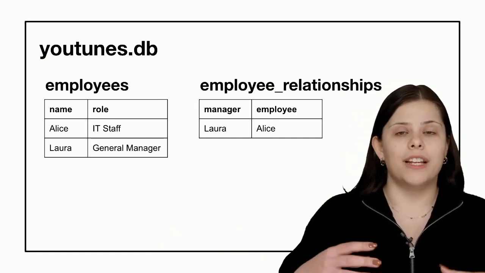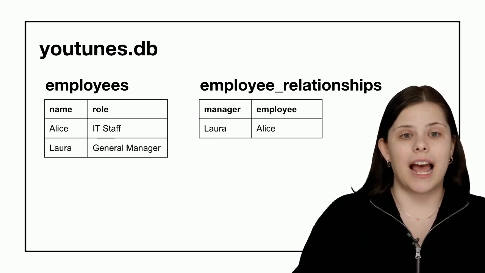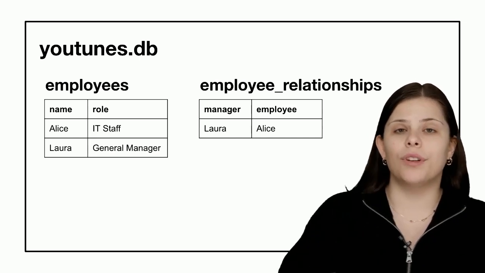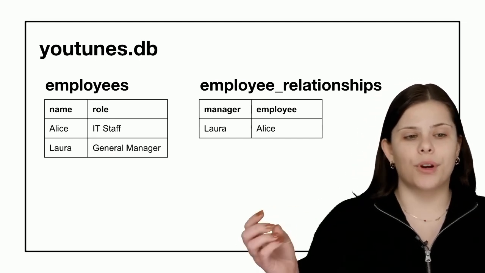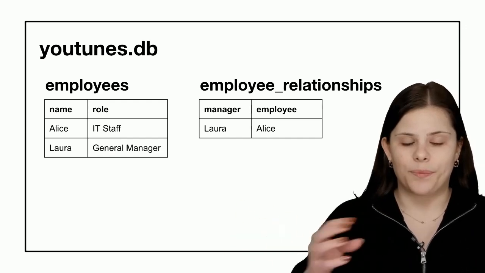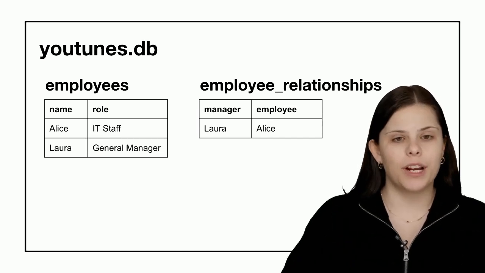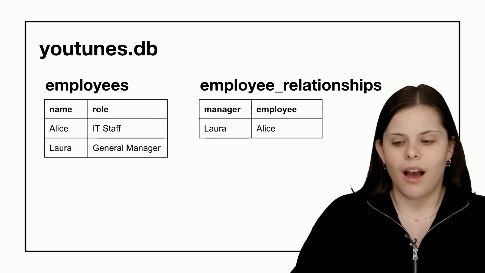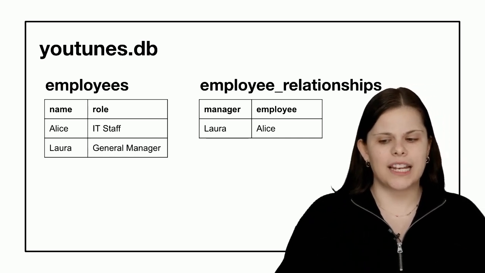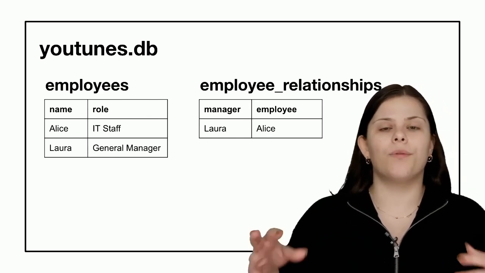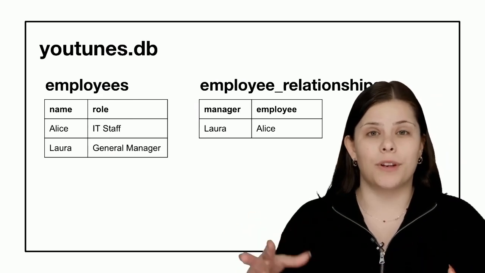You might have a general table that has the name and the role of your employees, and also an employee relationships table where you record those interactions or relationships in your workplace. Instead of combining it all in one table and maybe having multiple rows or multiple columns repeat information, which is not super efficient.